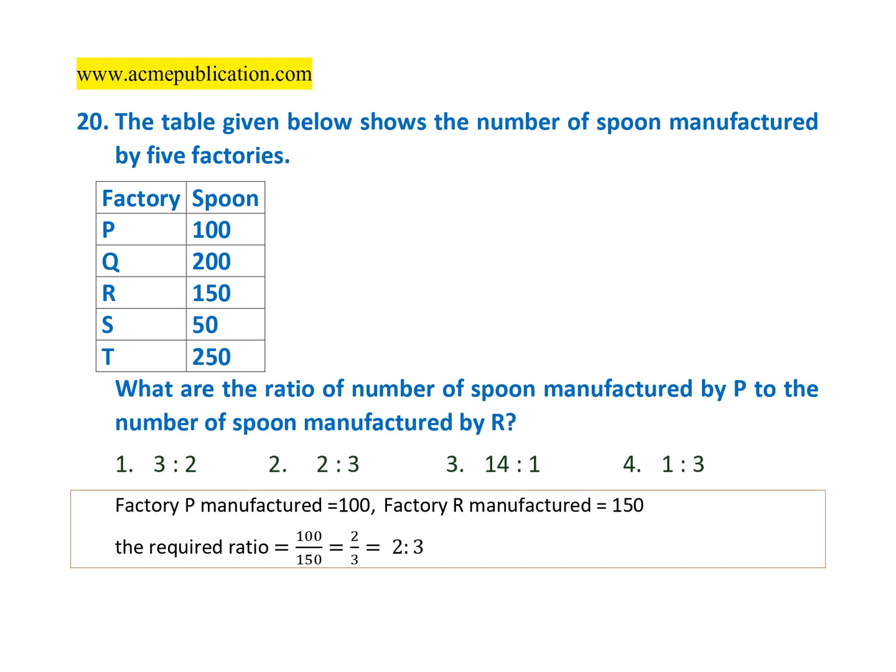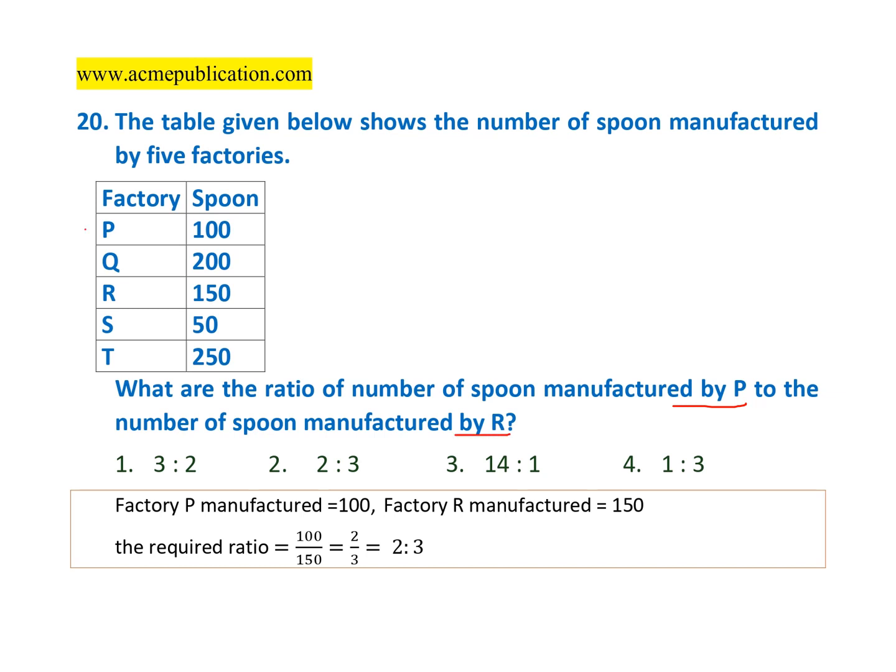Question 20. The table given below shows the number of spoons manufactured by 5 factories. What is the ratio of the number of spoons manufactured by P and the number of spoons manufactured by R?